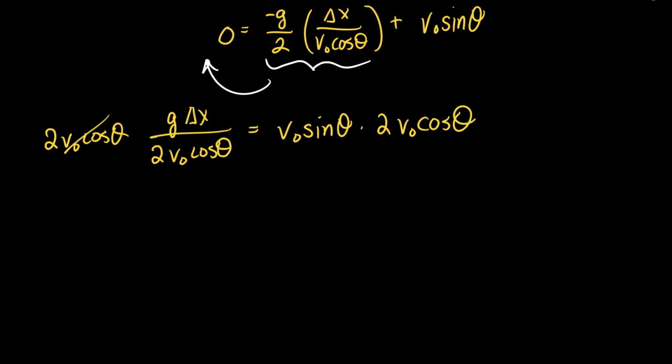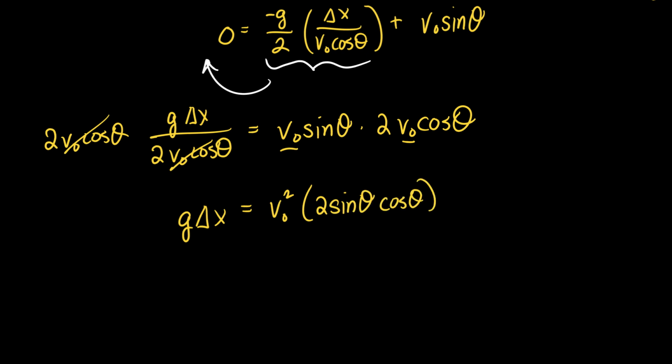It cancels it out there and leaves me with g delta x equals, oh, that looks yucky. I'm going to write that as v naught squared, because there are 2 of them, times 2 sine theta cosine theta. I know you probably don't know why I grouped the 2 with those, but I have a reason.